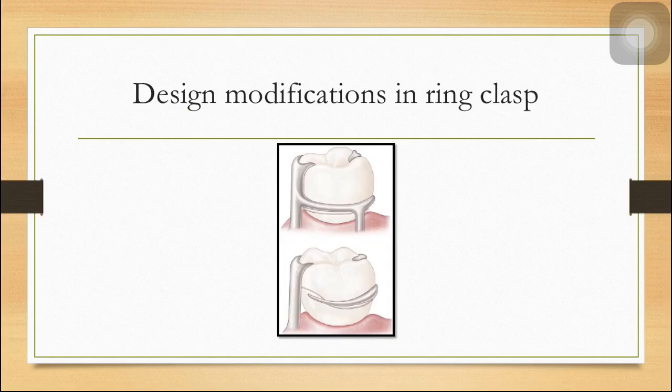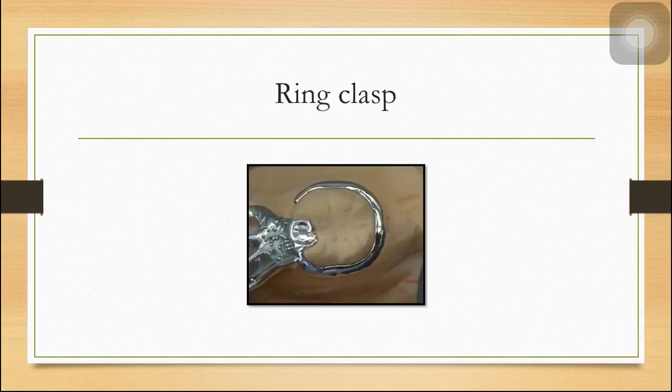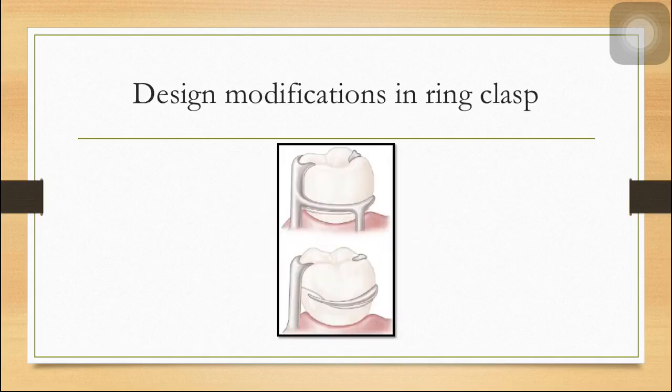Also, in the ring clasp, because of the long course that the clasp arm takes during engagement of the undercut, it has to have a supporting strut, which should be present on the lingual surface.